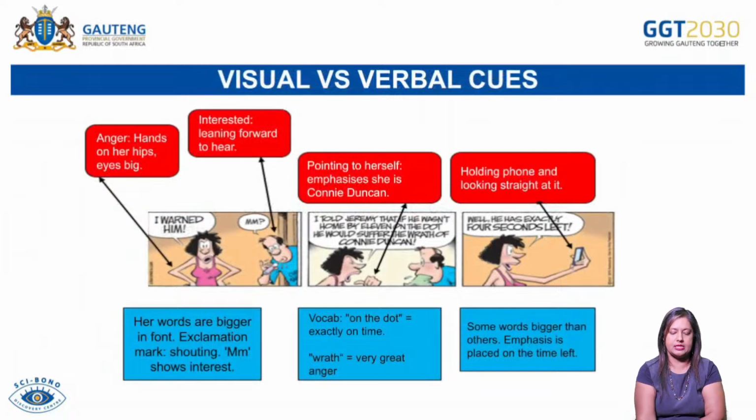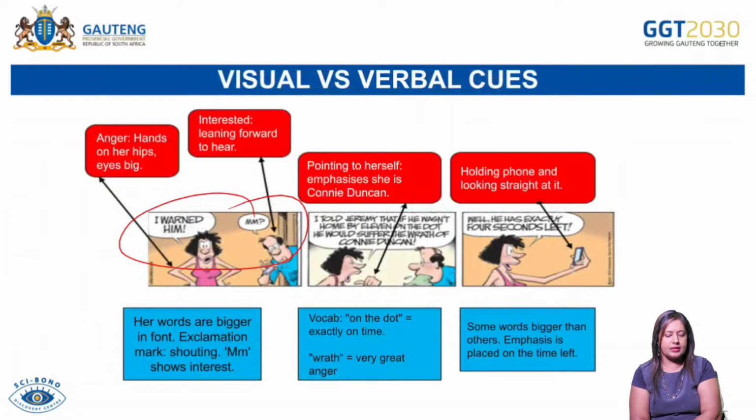Can you see in this frame here, frame 1, that the mother is obviously talking about the fact that she warned her son about something. And the father is then like, really? Notice the facial expression. So when we're looking at the body language, the anger will be showcased by the hands on her hips.